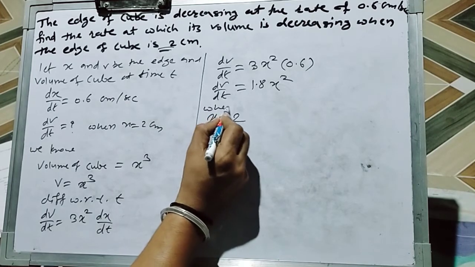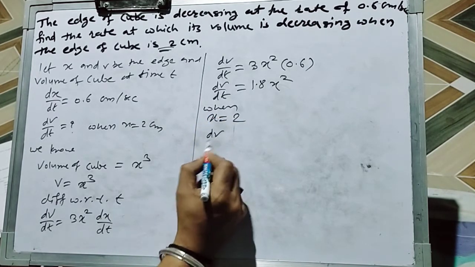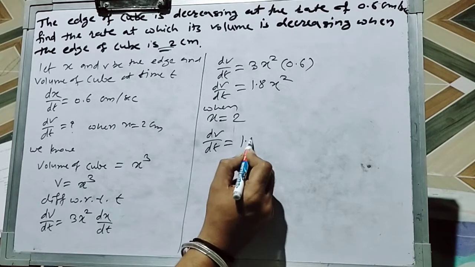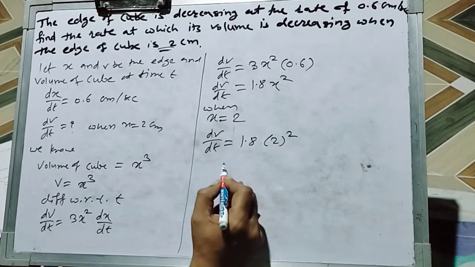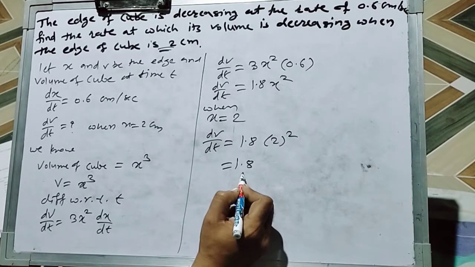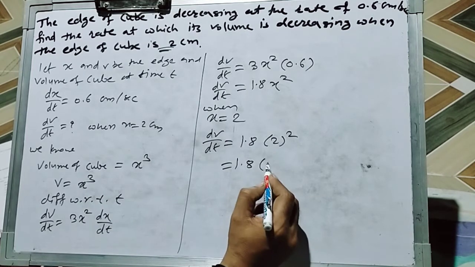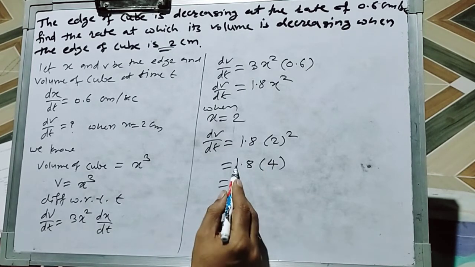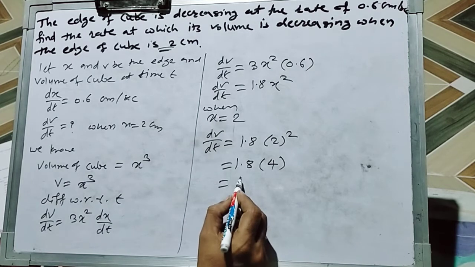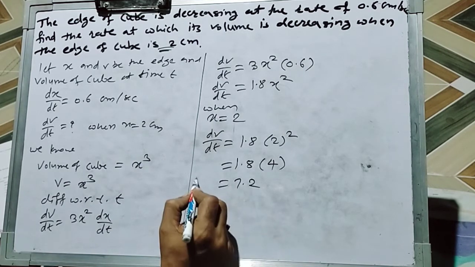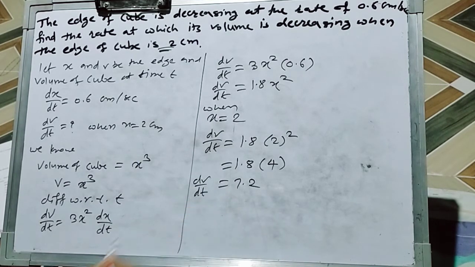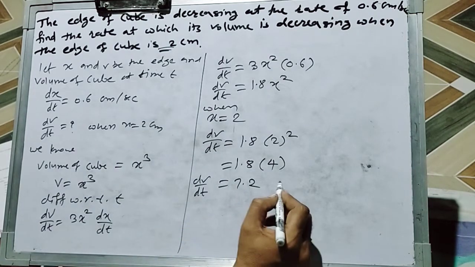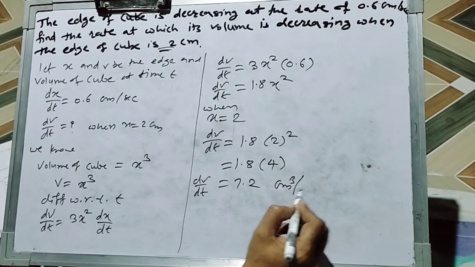So whenever x is equal to 2, dv by dt is equal to 1.8 into 2 square, which means 4, and 1.8 into 4 means 7.2. So dv by dt is equal to 7.2 centimeter cube per second.